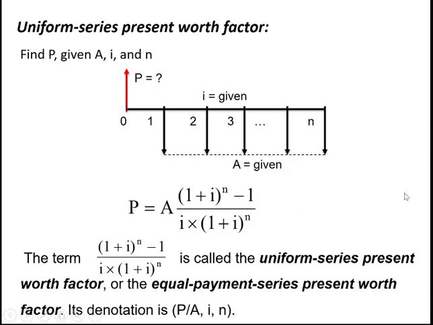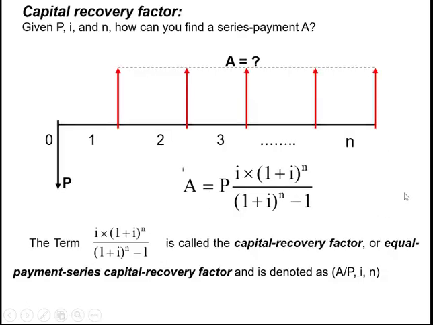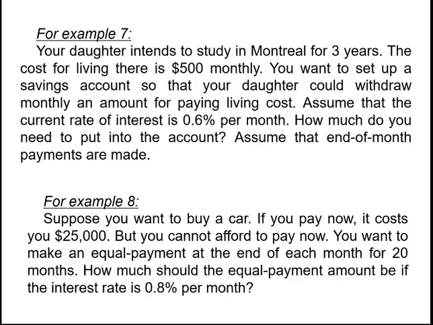The present worth is the amount of money we have to put into the savings account. That's example number 7.